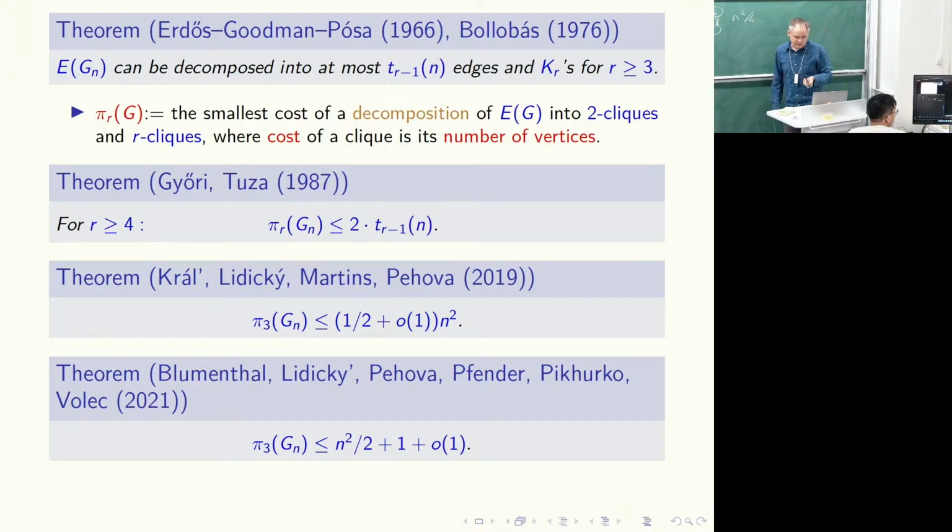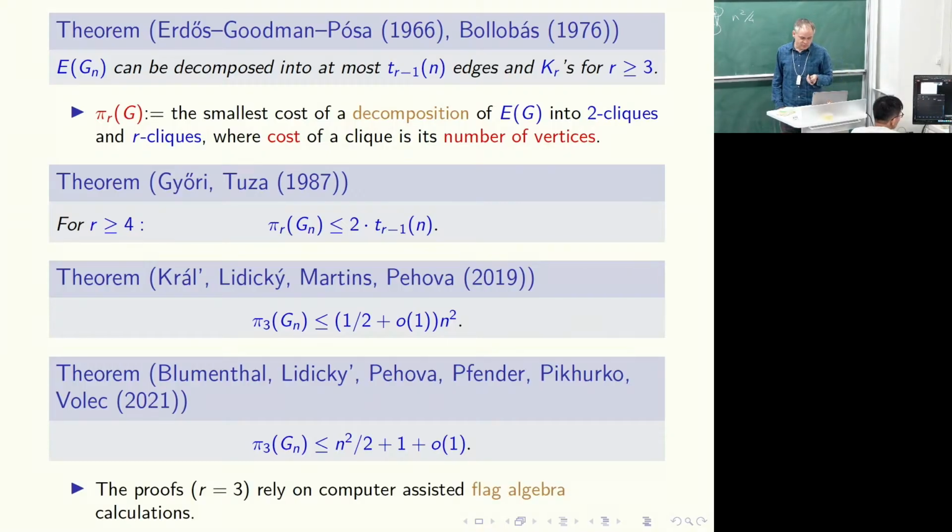The little o(1) in the formula means that the result is valid only when n is sufficiently large, and their proof used the method of flag algebras. So that's why one needs n sufficiently large.